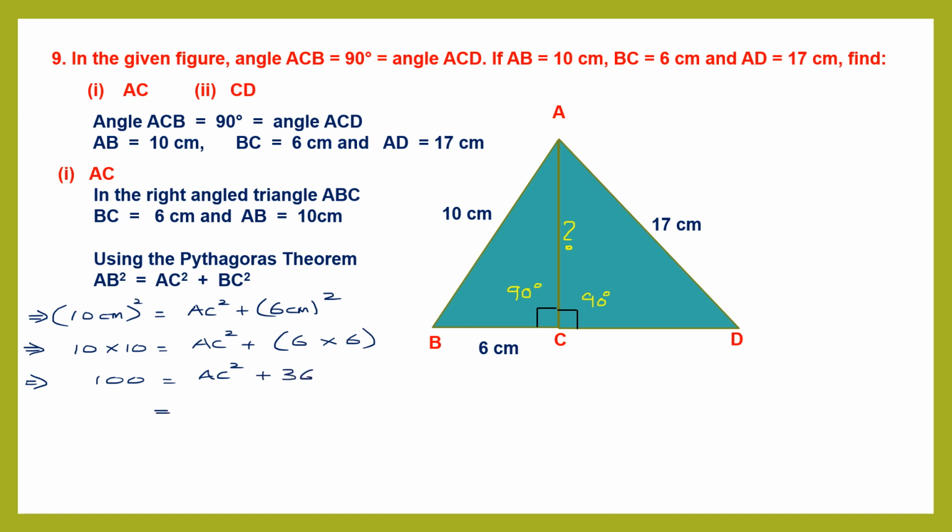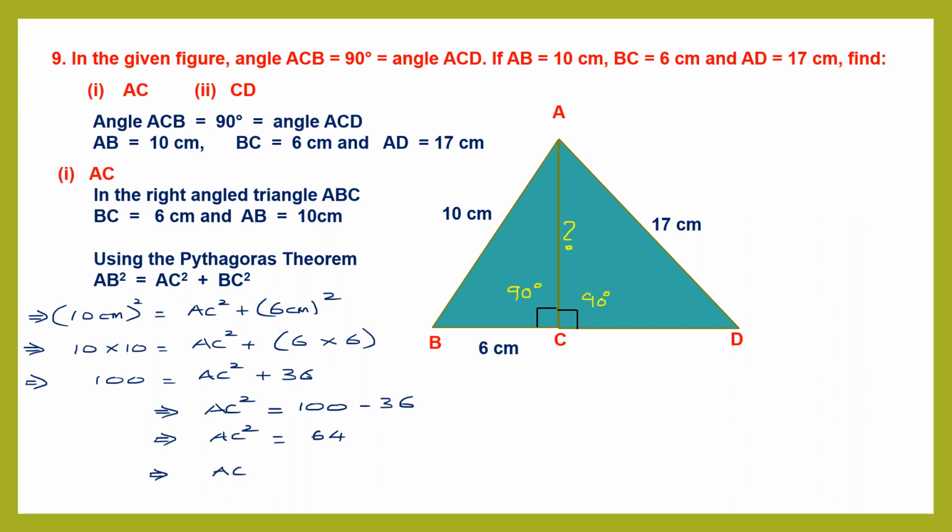Now we are going to find the value of only AC squared first. So we're going to write 100, which is on the other side, and we're going to move this plus 36 to the other side. So it's going to become minus 36, minus 36. So now AC squared is equal to 100 minus 36, which is equal to 64. So now we're going to find AC alone.